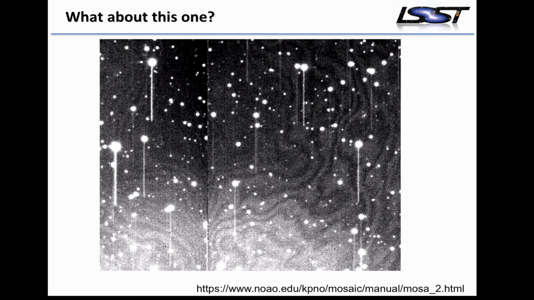Here's another example image that has multiple pathologies, and so I'll pause for a moment while people consider what's going on in this frame. So apart from the obvious bad column that runs down the left-hand third of the image here, there are two things going on.